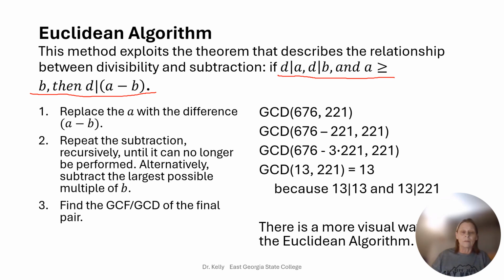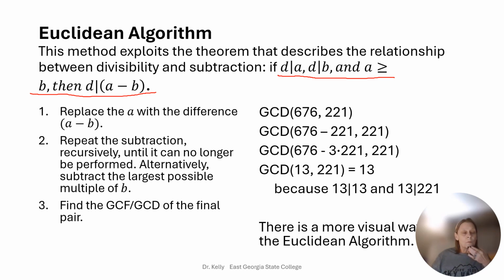It says if D divides A, D divides B, and A is greater than or equal to B, then D divides the difference between A and B. This algorithm is going to seem a little bit weird, but it actually is really efficient and good for slightly older students.